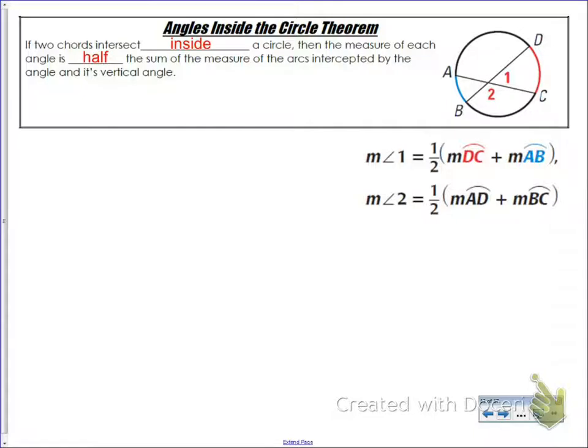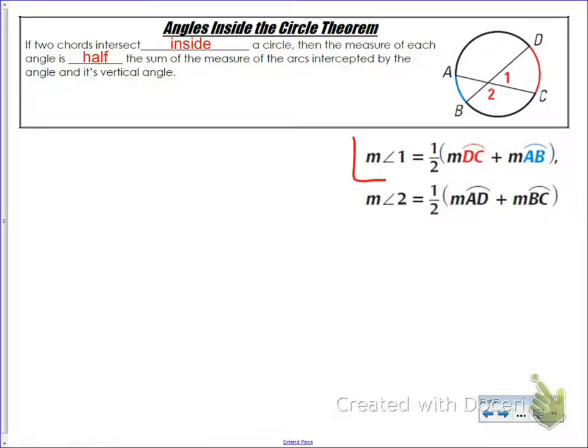All right, so if we have intersecting chords, they will intersect inside the circle. If we want to know measures of arcs or angles, we're going to use this theorem. When I have 2 chords intersecting inside of a circle, the measure of each angle is going to be 1/2 the measure of the intercepted arcs.